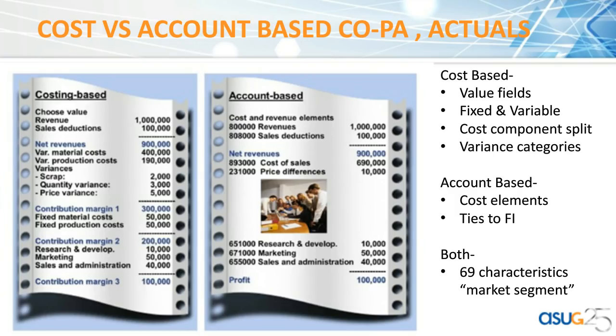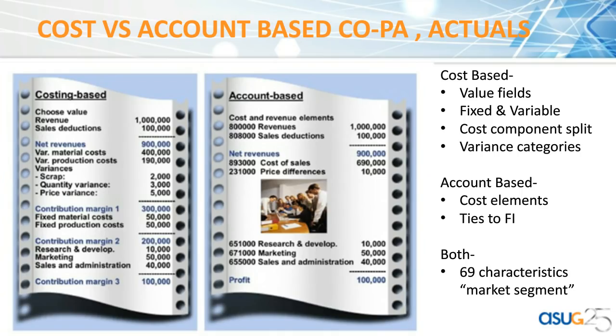Both types of COPA report based on this thing called a characteristic, or sometimes SAP describes it as a market segment. It really just means, what do I want to analyze by customer, by product, by region, by business unit. It could be an SAP characteristic, or it could be a characteristic you've defined.